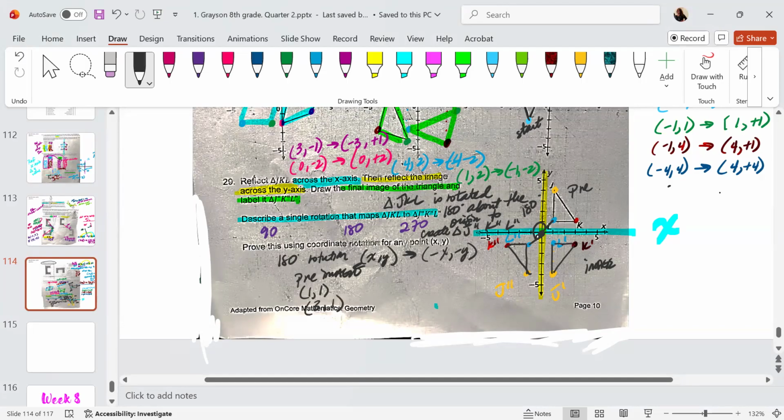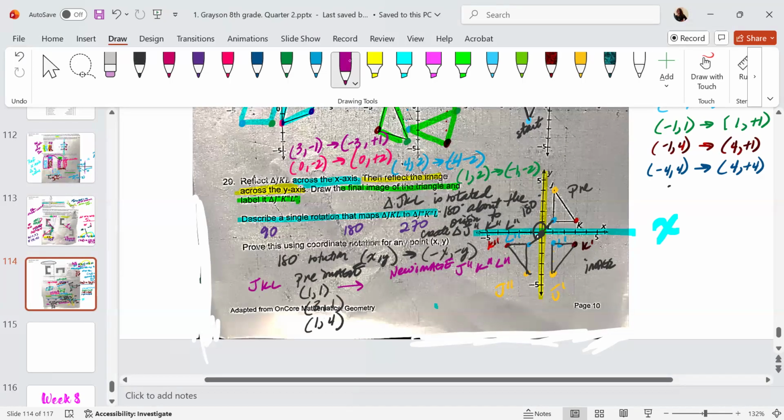The red one, 3, 1. And then what's the yellow one? 1, 4. 1, 4. Okay, now look at the image, right? Well, the pre-image is just JKL, correct? The new image, and the reason I'm calling it the new image is because the image is J prime K prime. The new image is J double prime K double prime L double prime, correct?